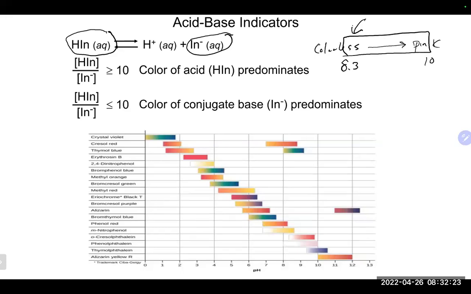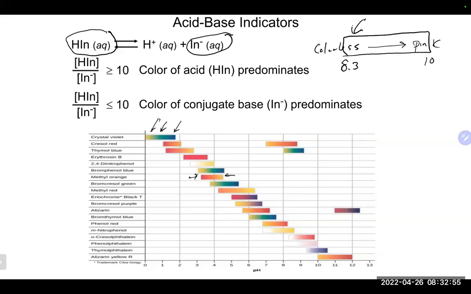You can see here crystal violet starts at a yellow, rolls to a green, and then in the basic part of its range, or the higher part of its range, it turns to more of a blue color. Again, you can see some other ones here on this list as well. We got our bromophenol blue, and our methyl orange here, which is red to yellow.